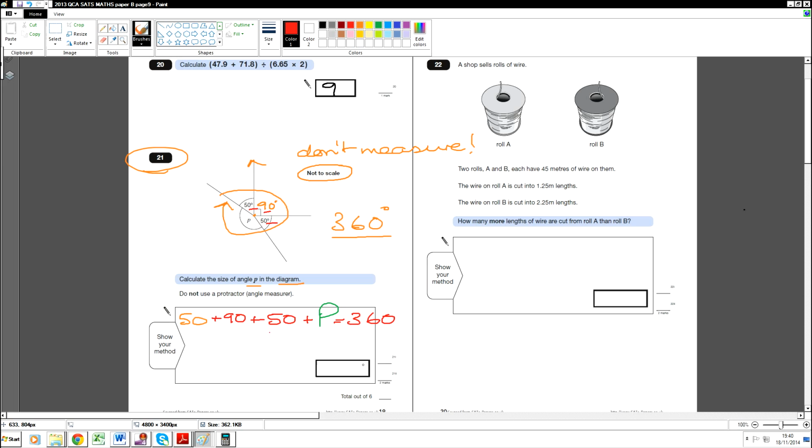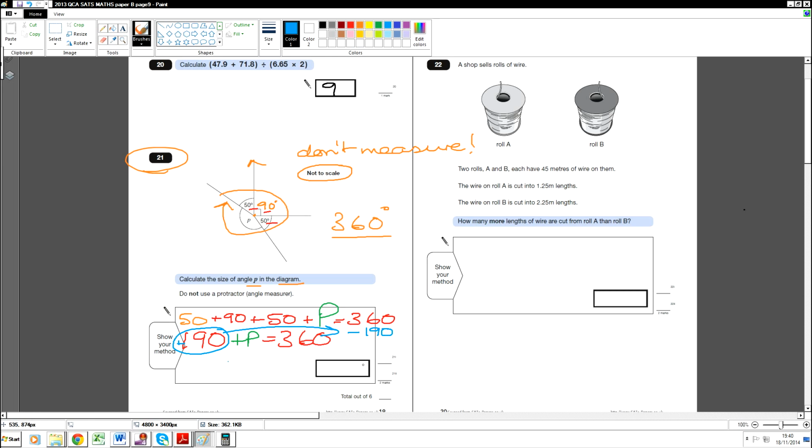What's 50 add 50? 100. 100 add 90 is 190. So 190 plus P will give us an answer of 360. Now, what do we do next? We change the plus 190 to a minus. Opposite of adding is take away.